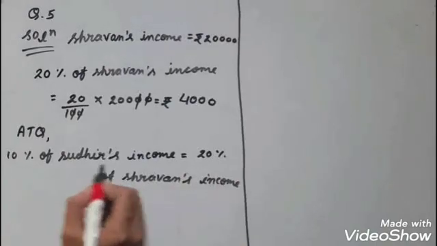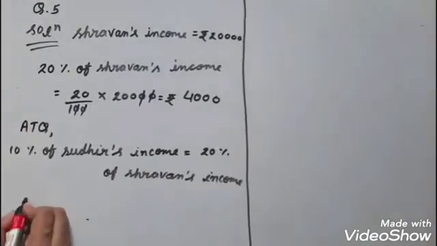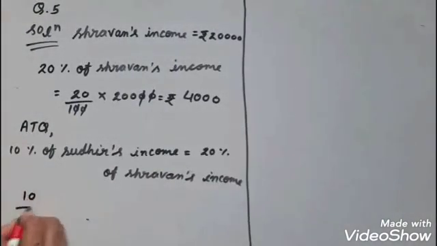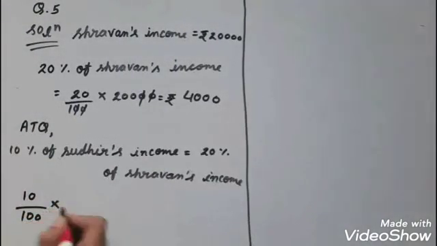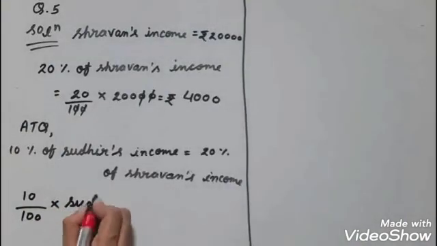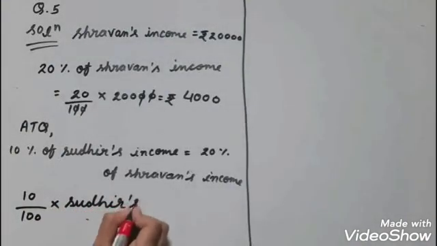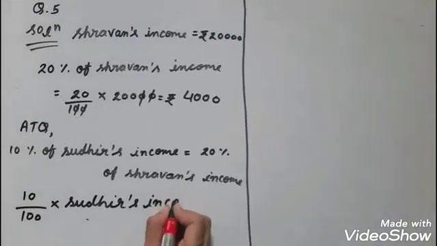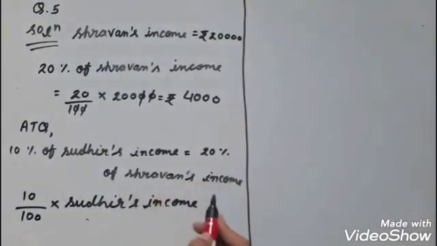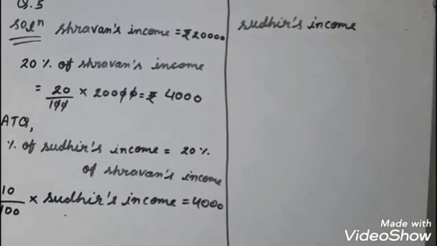But we don't know Sudhir's income right now. So we will write it as 100% of Sudhir's income. And we found 20% of Shravan's income, that is rupees 4,000. So from here we can find Sudhir's income.